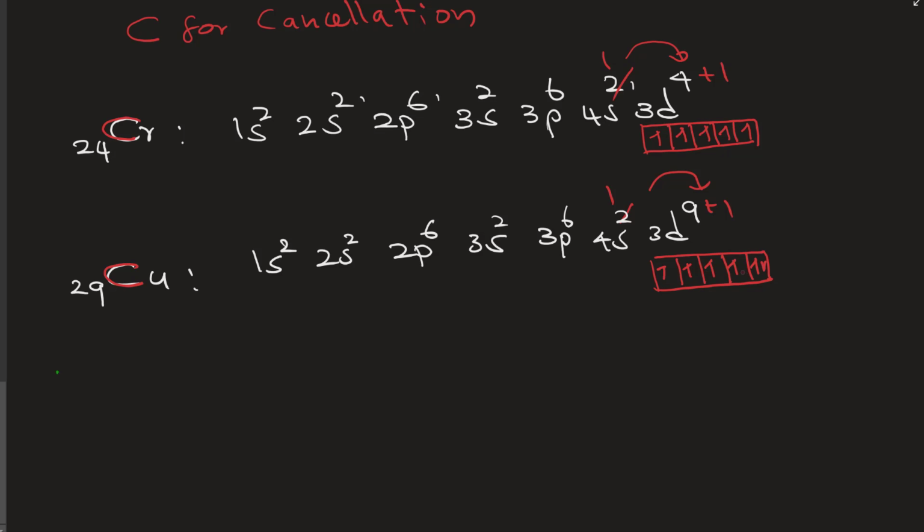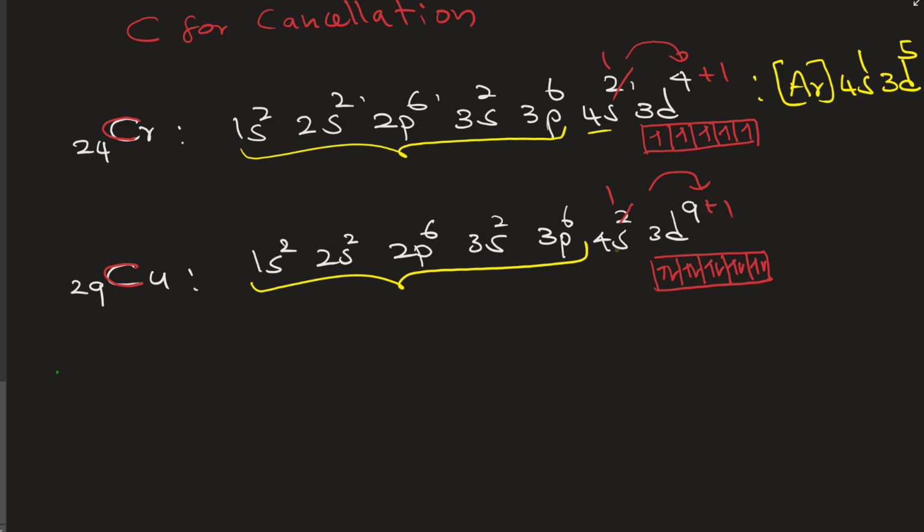Why do we do that? Actually, in nature, it comes down to energy and stability. Let's mark this one here. Yes, that's argon, and then we have 4s1 3d5. That is the actual way. What we wrote is the cancelled version. Now again in yellow, Ar 4s1 3d10. So the ones on the right are the correct ones.